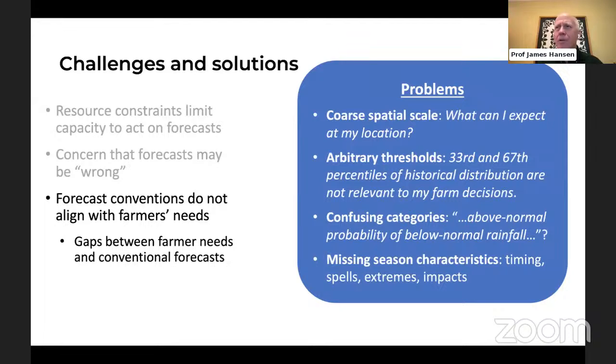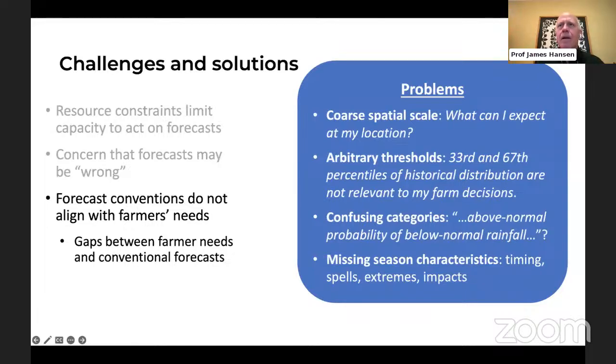One psychological study that I've seen on this showed that these sorts of statements cause widespread, serious misinterpretations. And the subjective methods that were used also often miss important characteristics that are more important than total seasonal rainfall or average temperature conditions for management, things like timing, spells, extreme events, and how they impact crops, livestock, forage conditions.